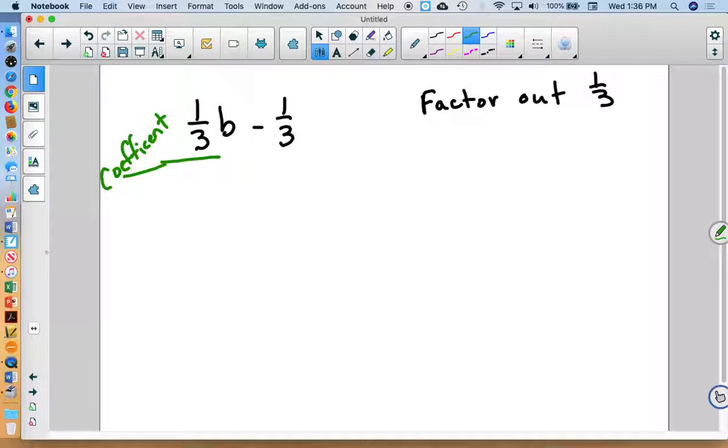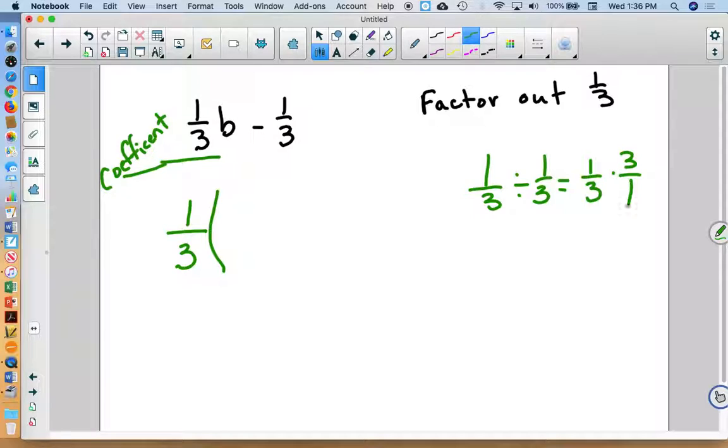So I'm going to pull out 1/3, factor out 1/3, and I'm going to say 1/3 divided by 1/3 is the same thing as 1/3 times 3/1, which equals 1. So now I have 1b minus, well, we already know 1/3 divided by 1/3 is 1, and I'm finished.